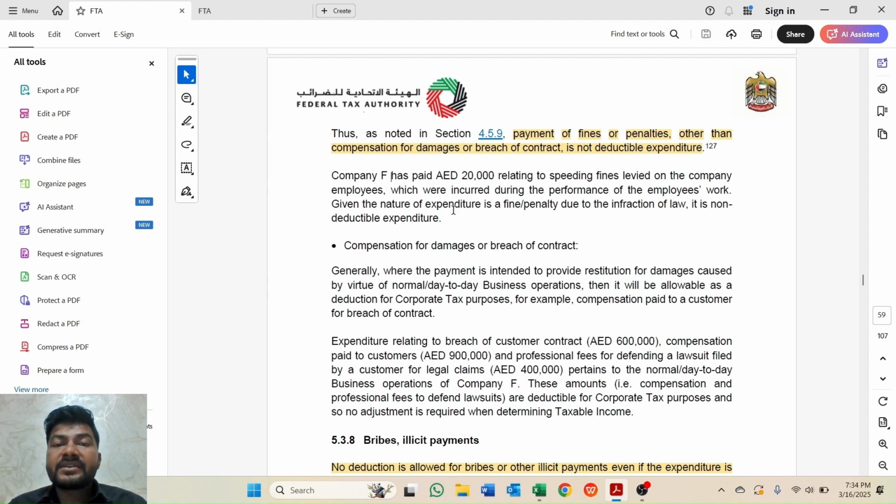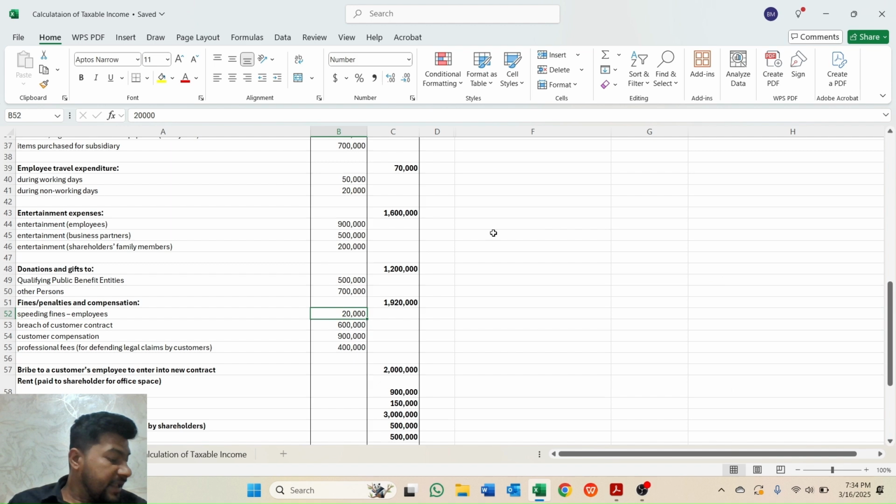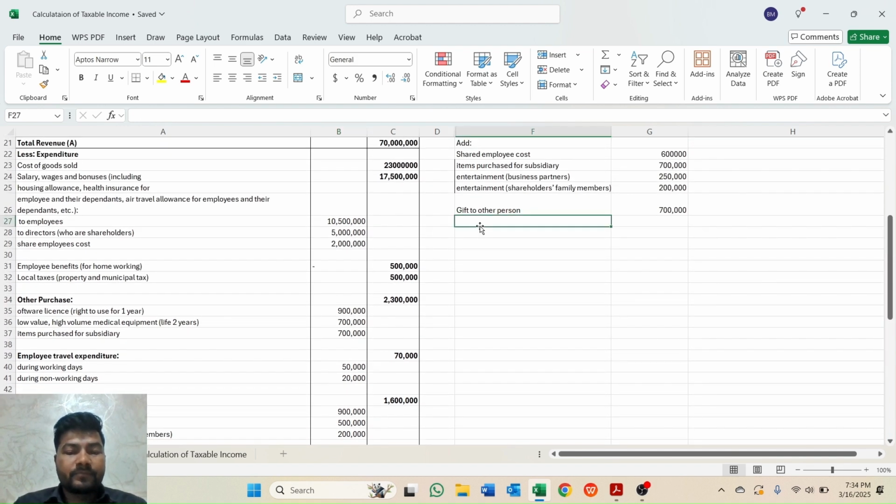Given the nature of the expenditure, fines and penalty due to violation, avoidance of laws, it is non-deductible. So these fines of 20,000 will not be allowed as deduction and will be added back to taxable income.